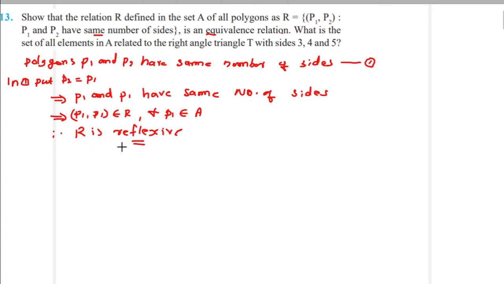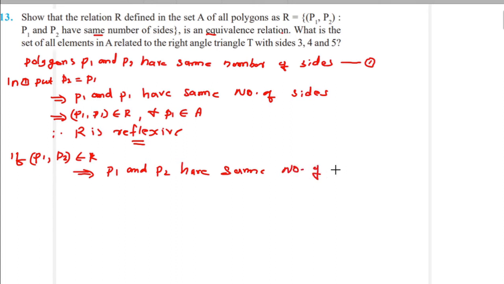Okay, next we have to show symmetry. So if (P1, P2) belongs to R, this implies polygons P1 and P2 have the same number of sides, which is the same as P2 and P1 having the same number of sides.